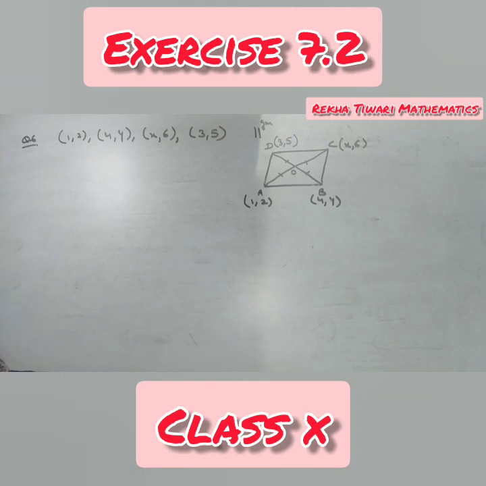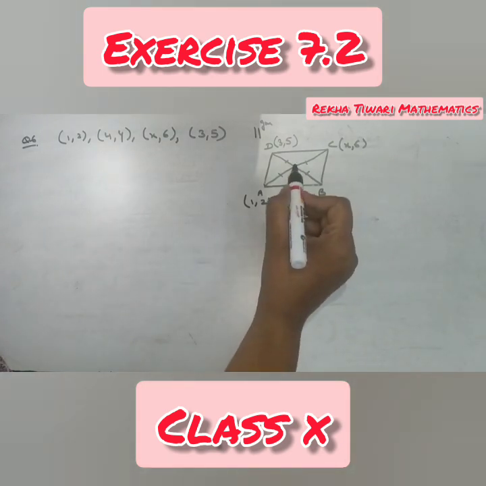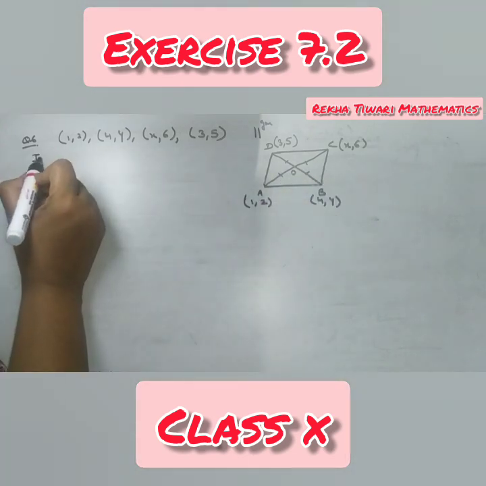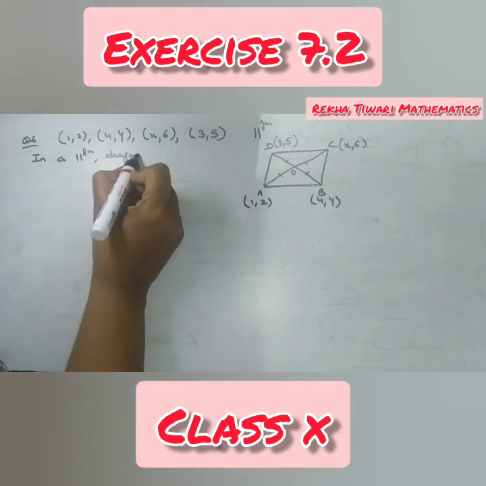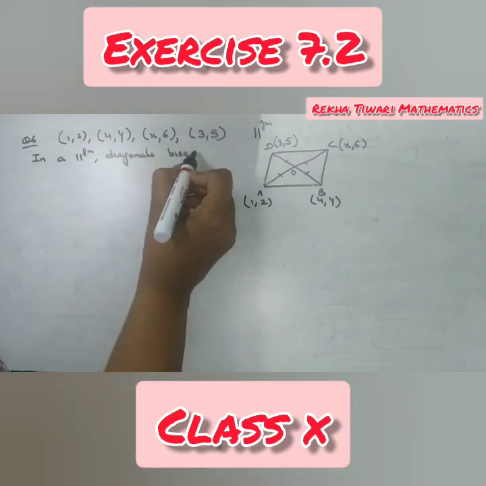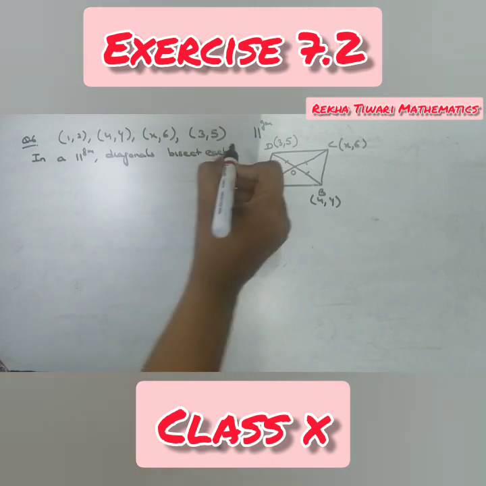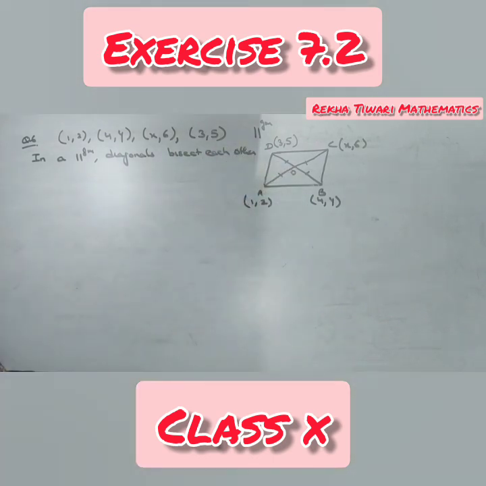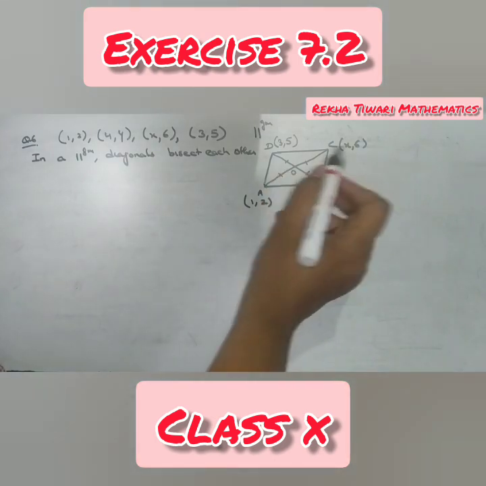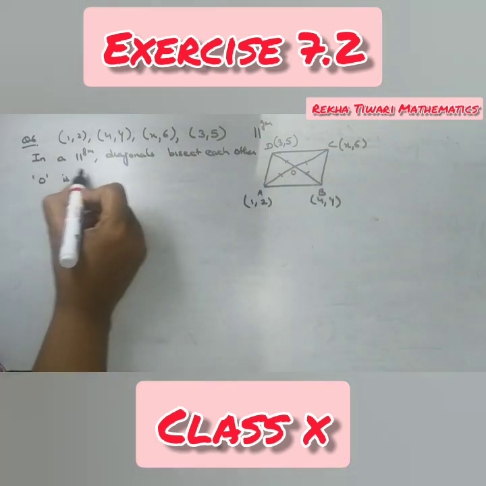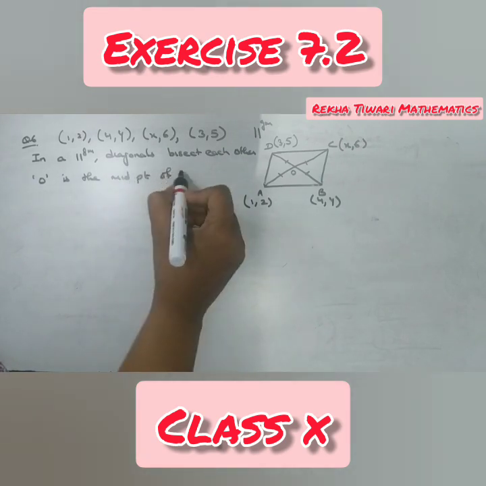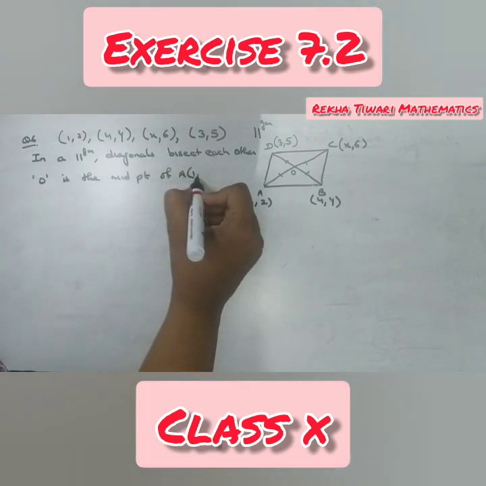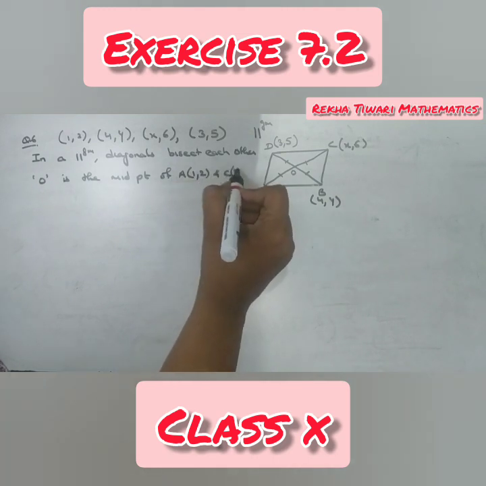So if you use the section formula, here I know that in a parallelogram, diagonals bisect each other. Diagonals bisect each other means O is the midpoint of AC. A is 1, 2 and C is x, 6.